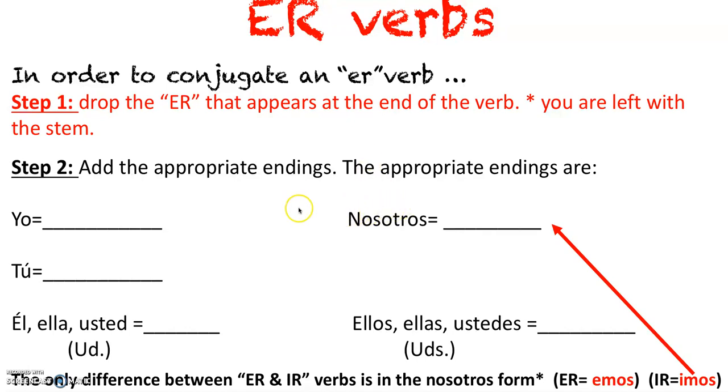Okay, so yo will always, always, always go with O. So my ending for yo is O. My ending for tú is S. My ending for él, ella, and usted is E. Nosotros is hemos. And ellos, ellas, and ustedes is en.